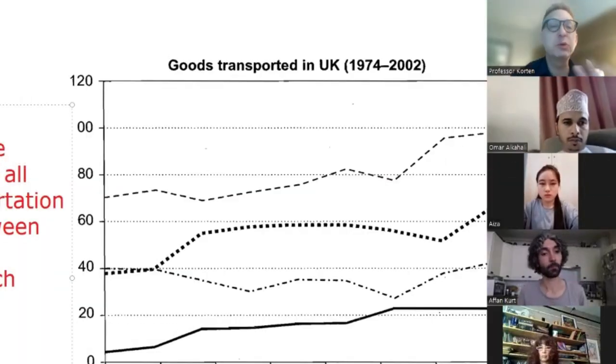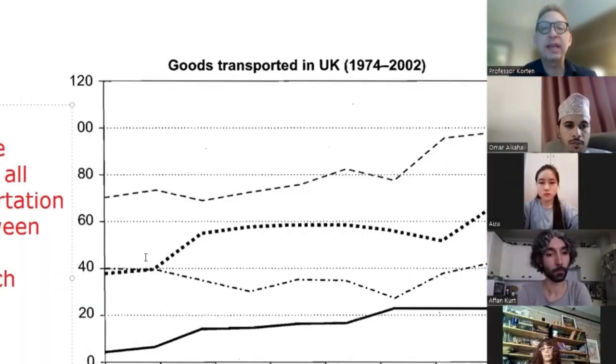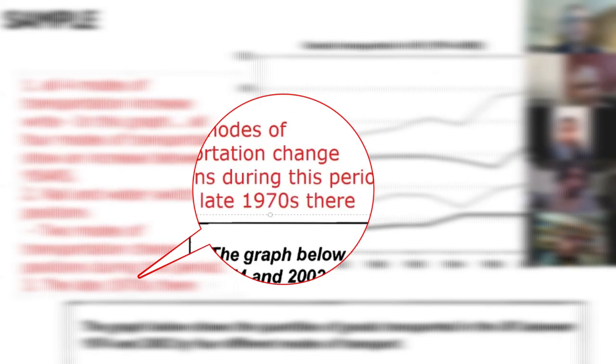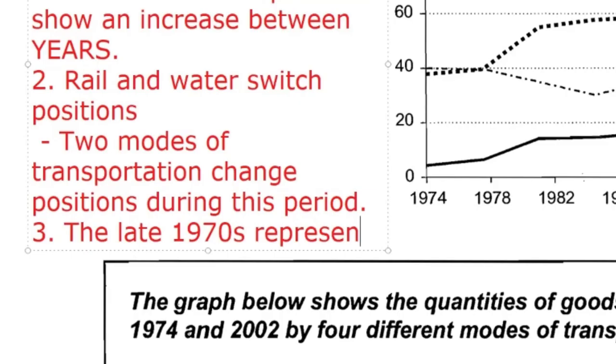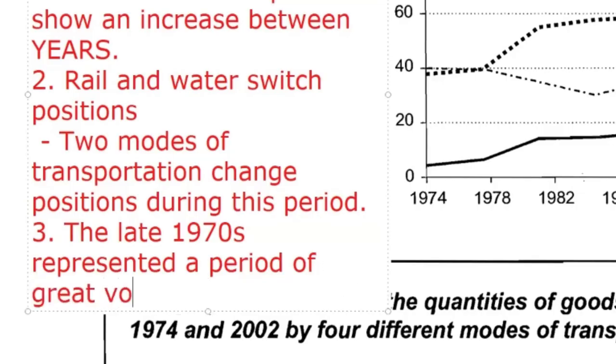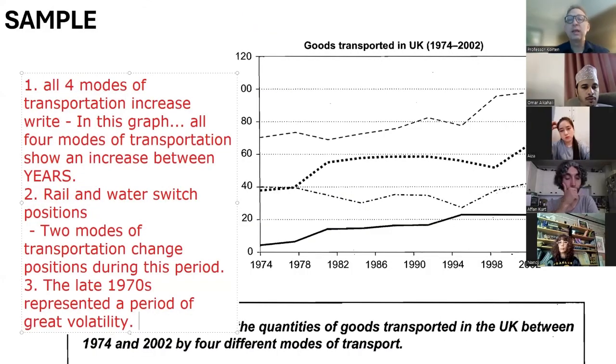The other thing you could choose to look at is areas of great increase or a big decrease or decline. The late 1970s represented a period of great volatility. And then what you'll do is then just describe what that volatility is.